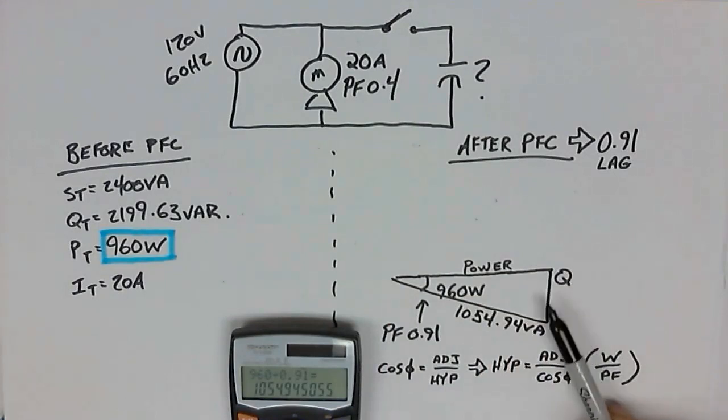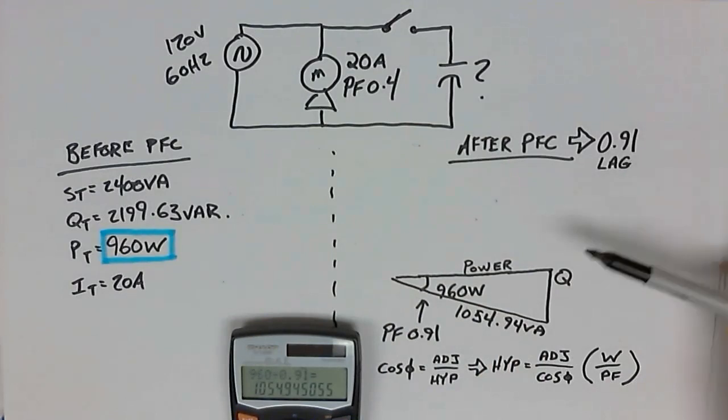Let's now work out what the net VARs is going to be here, because there is going to be a leftover VARs, isn't there? We haven't fully power factor corrected to unity, and because of that, we are going to have some net or overall VARs. So I'm going to do Pythagoras: 1054.94 squared minus 960 watts squared equals, I'm going to square root the whole thing.